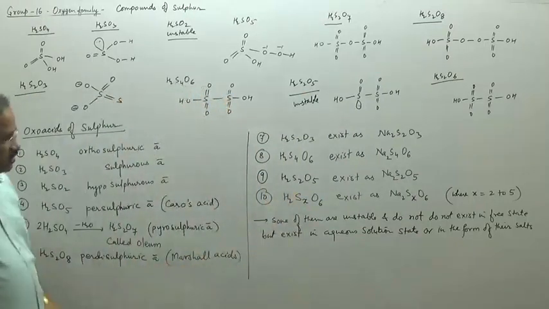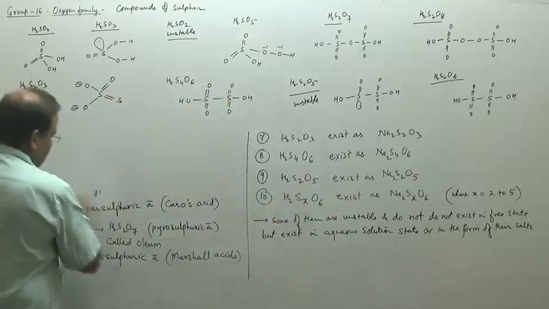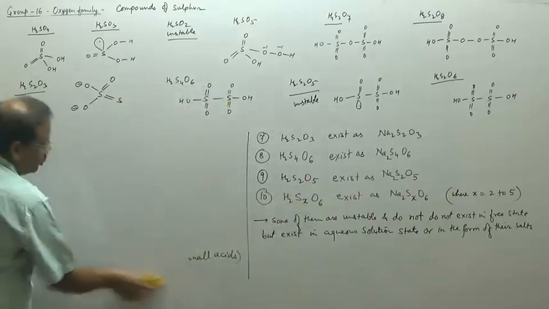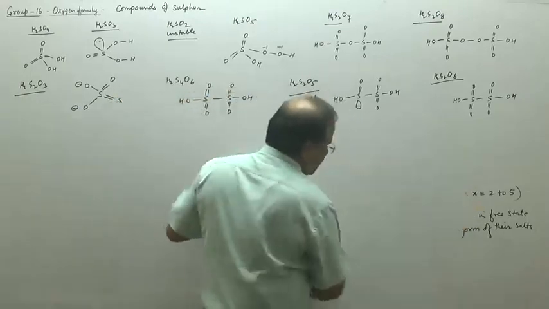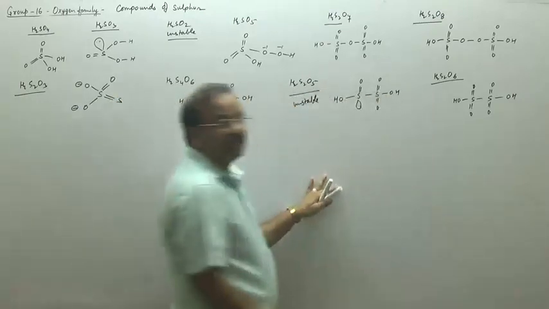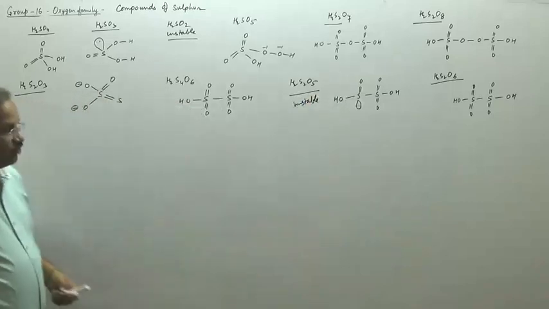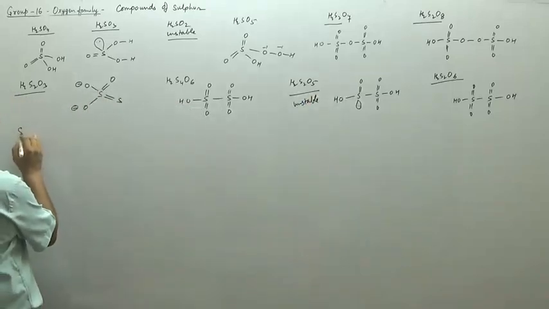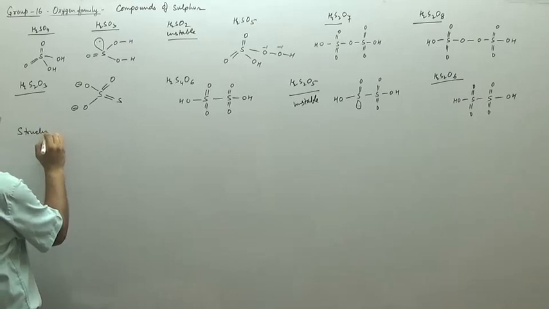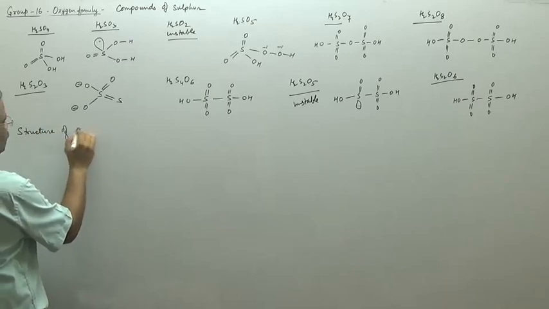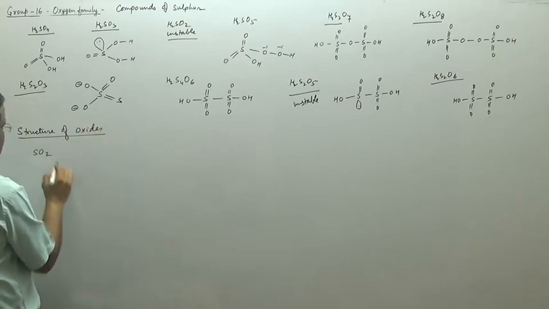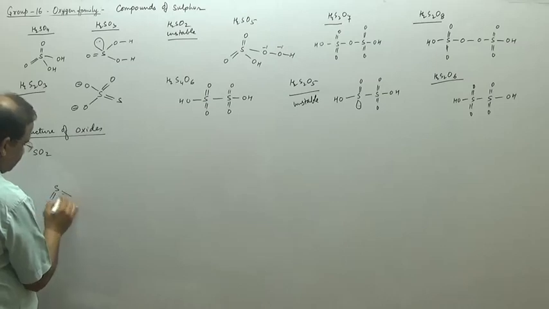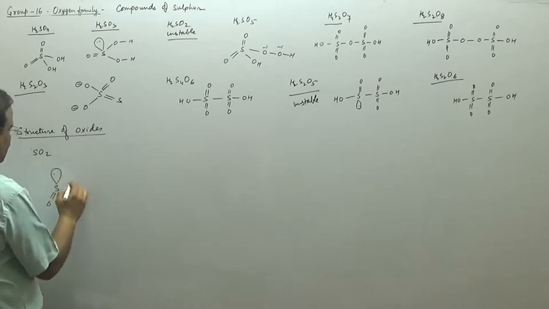Now if we write the structure of oxides, we know that it is like this. To write the structure of the oxides, we'll write it like this. Oxides means for SO2 it is like this, sp2 hybridization.